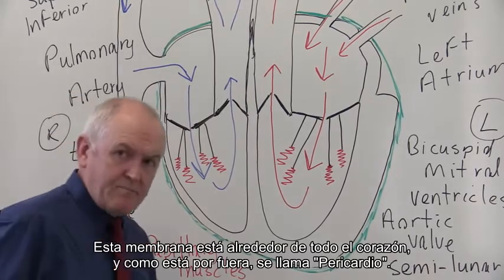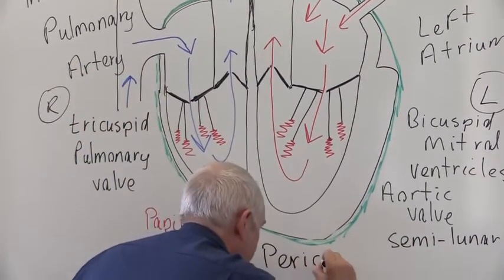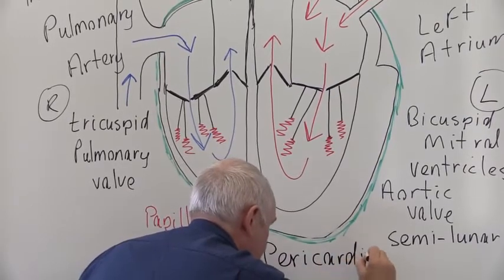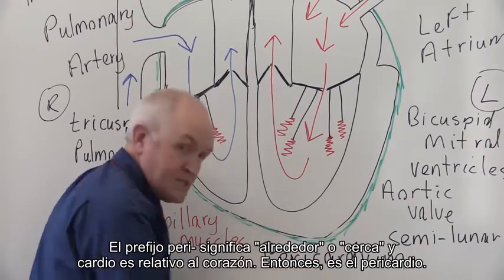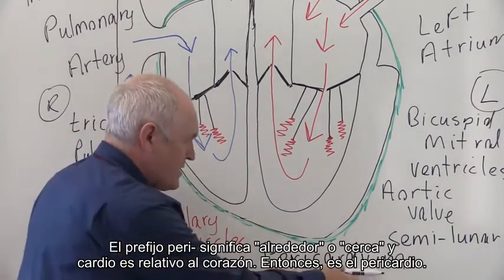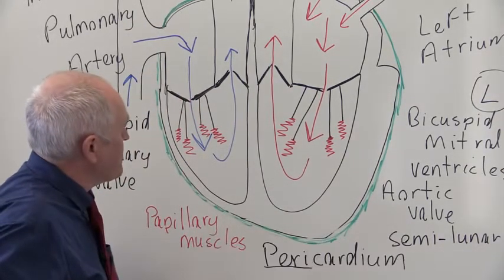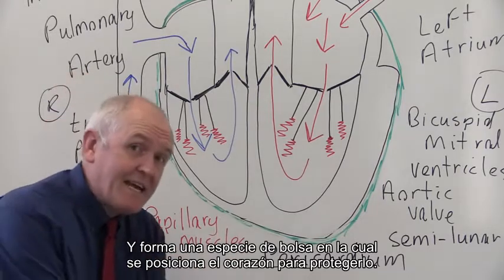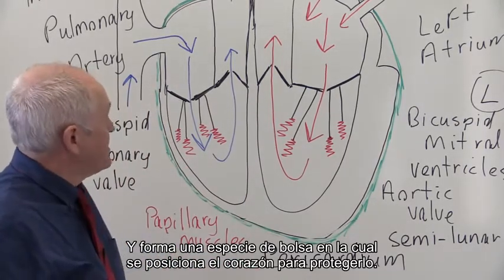So because it's round about the outside, it's the pericardium. Peri means perimeter. It's around about the outside. Cardium is the heart. It's the pericardium. And it forms a sac in which the heart sits to protect the heart.